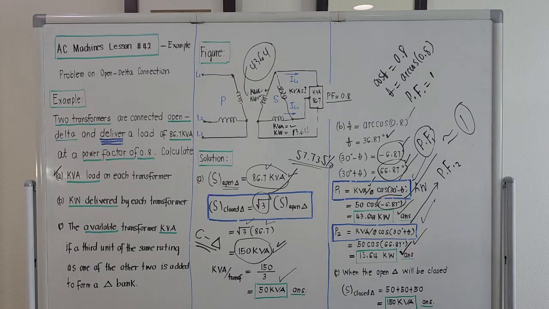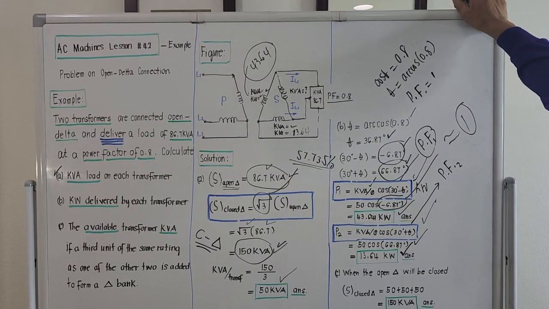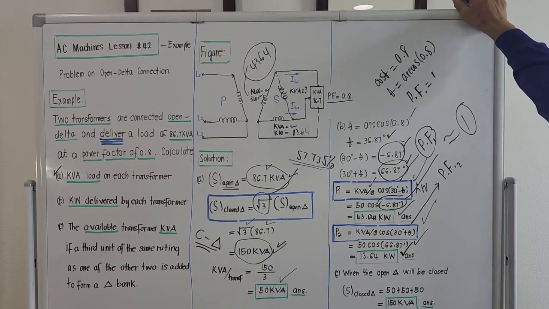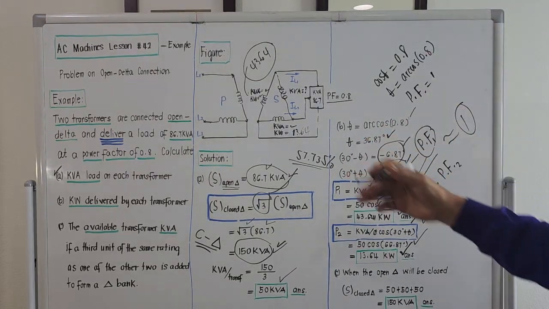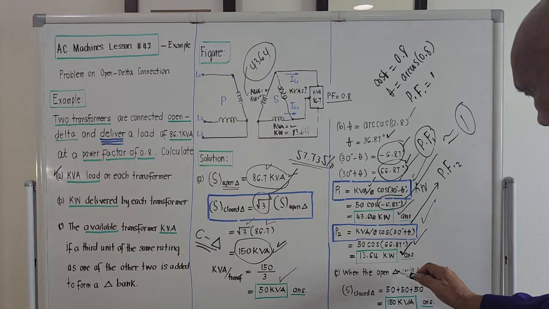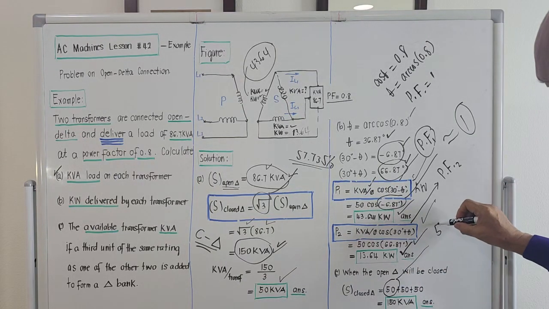What's letter C? If we try to close the open delta, what will be the total apparent power that could be delivered? That's an easy one, because we know that the rating per phase is actually 50.